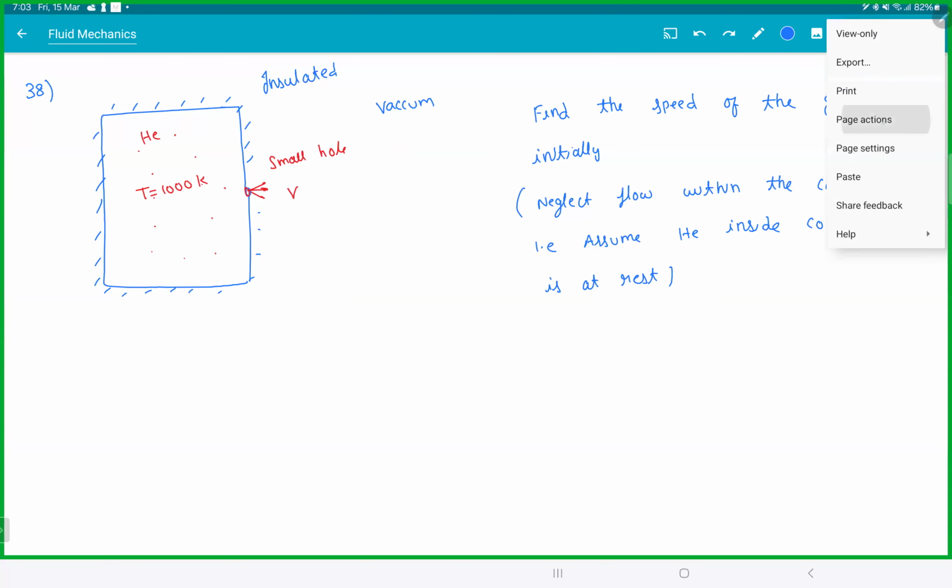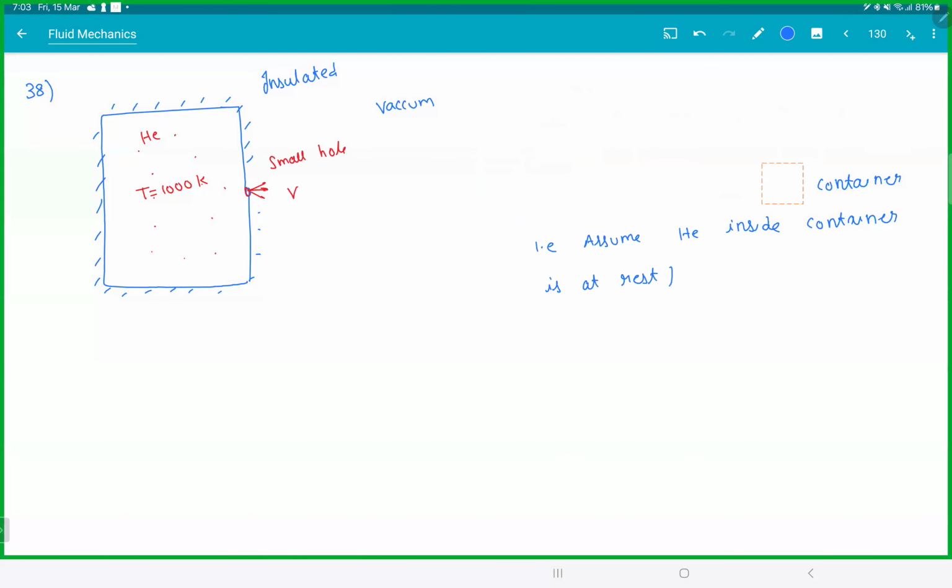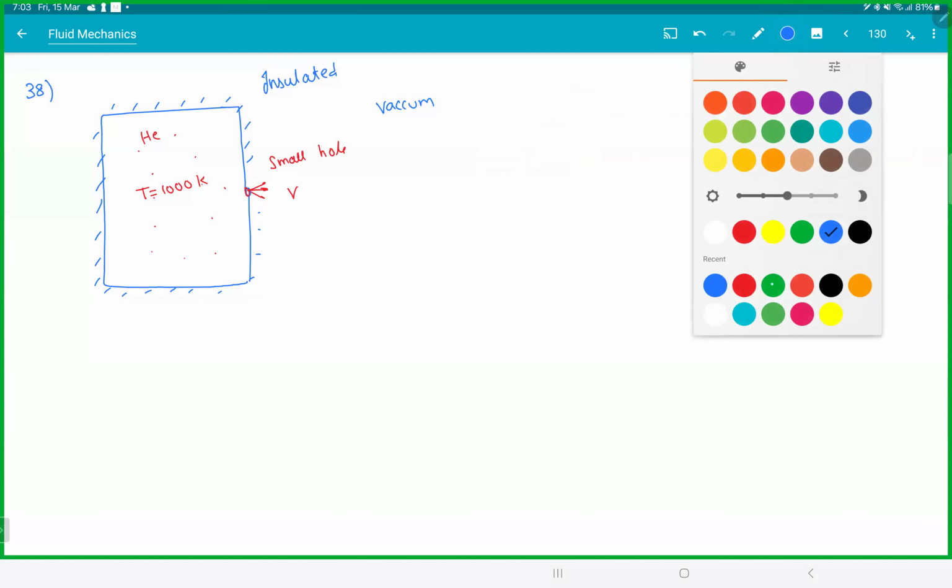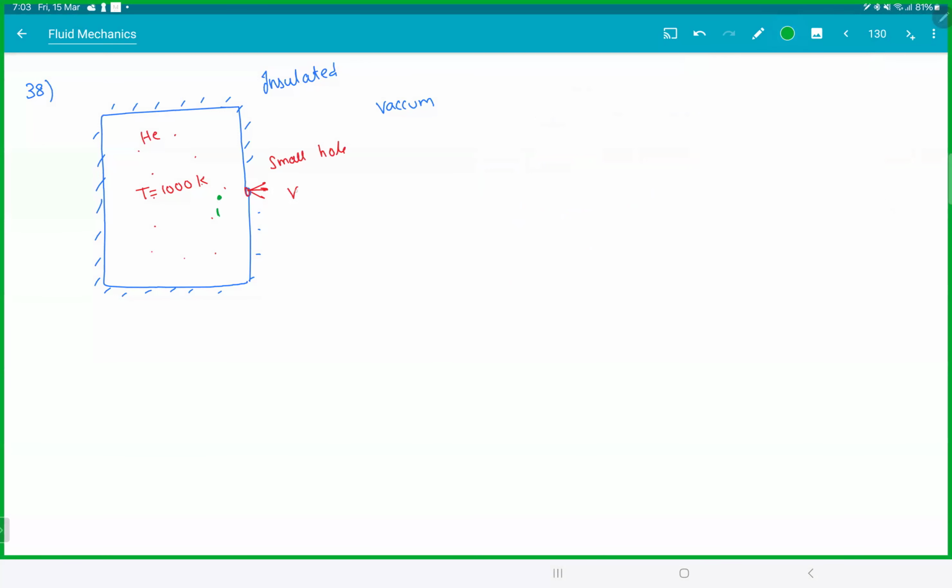See, let's apply Bernoulli's equation between point 1 and point 2, same height basically. So P1 plus half rho V1 square plus rho g h1 plus potential energy U1 by volume V1.